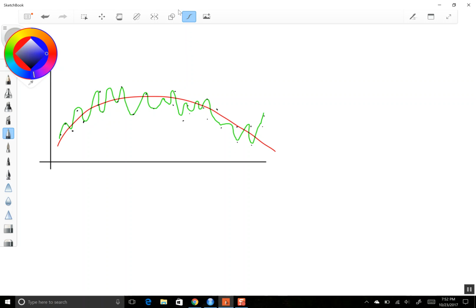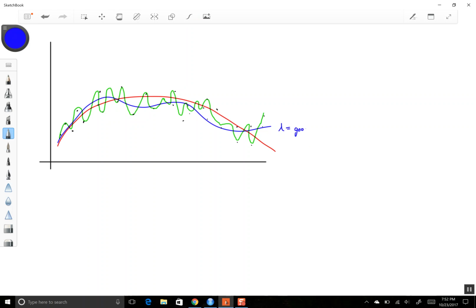I don't know what exactly that means, but this is probably where lambda is good. Here, lambda is too small. And over here, we would have lambda too large. Again, we haven't even talked about the form of g that we would need to use.